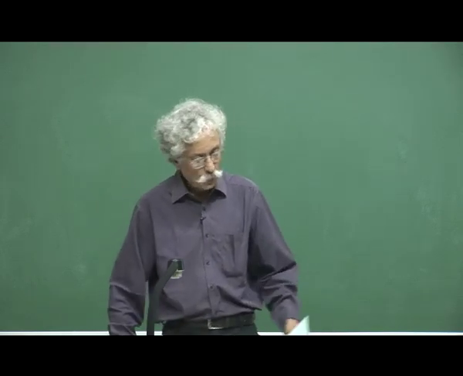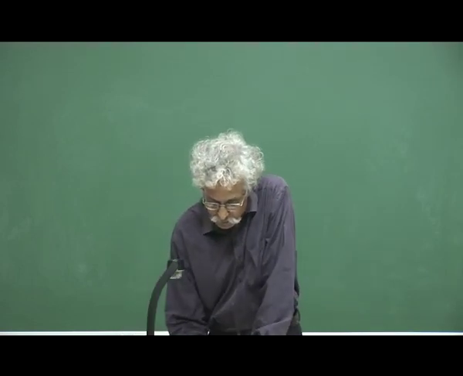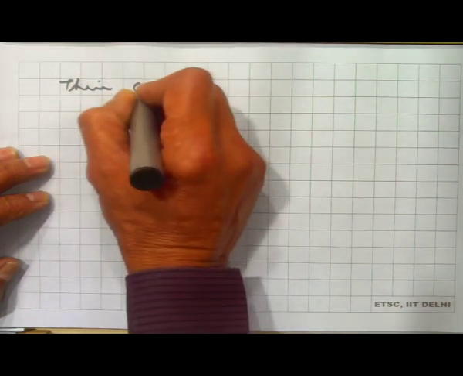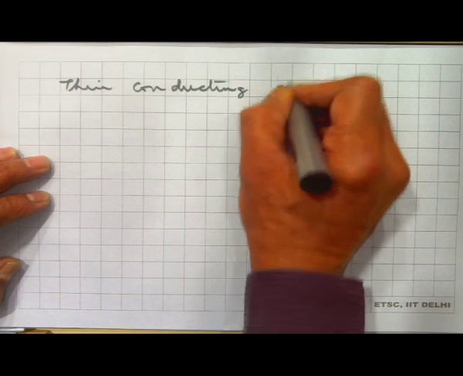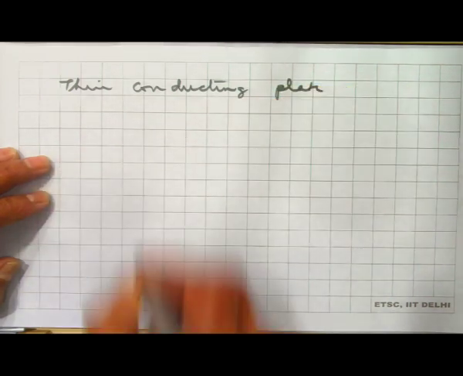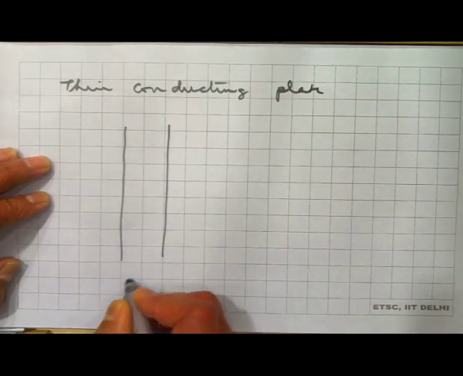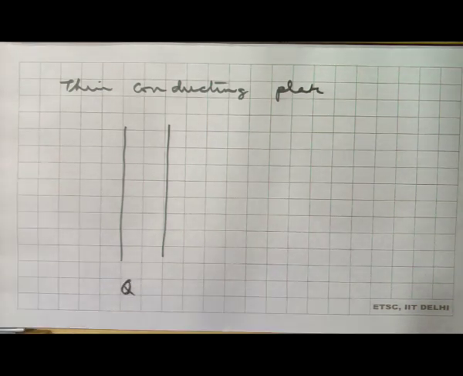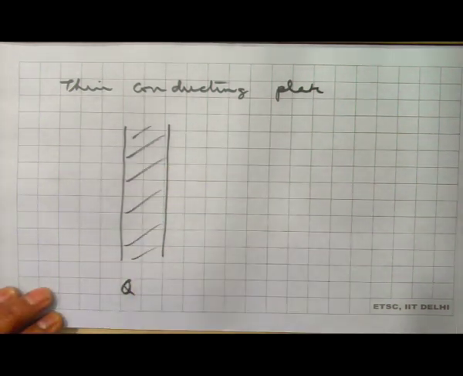I can extend this to a few more interesting problems. For example, if I take a thin conducting plate, and I have thrown a surface charge q into it. So, this is the conductor.